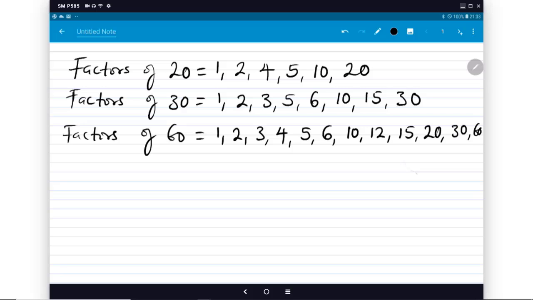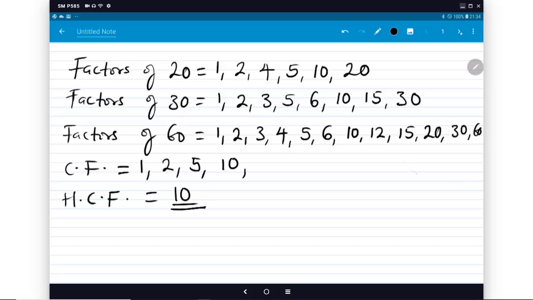Okay, so now the common factors for these three numbers are 1, that's factors common to the 3. 1 is there, 2 is there, which other one you can see? 5 is there, yeah, another one, 10 is there, yeah, and another one. Okay, so we have 1, 2, 5, and 10. Now, the highest common factor for these three numbers is 10.